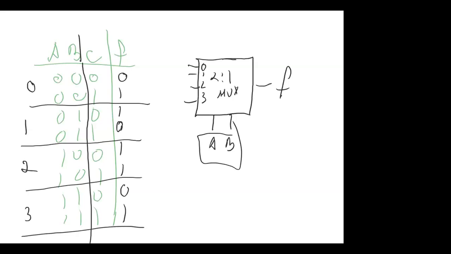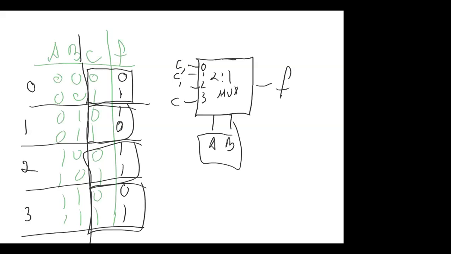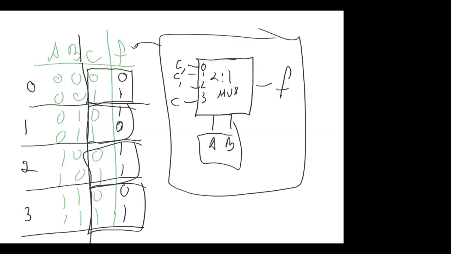So that means that if what you want is 0, 1 to come out, then just input C, because that's equal to 0, 1. If what you want is 1, 0 to come out, input C prime. If what you want is 1 to come out, just input a 1. And if what you want is 0, 1 to come out, then input a C. And this is all you need to implement that.